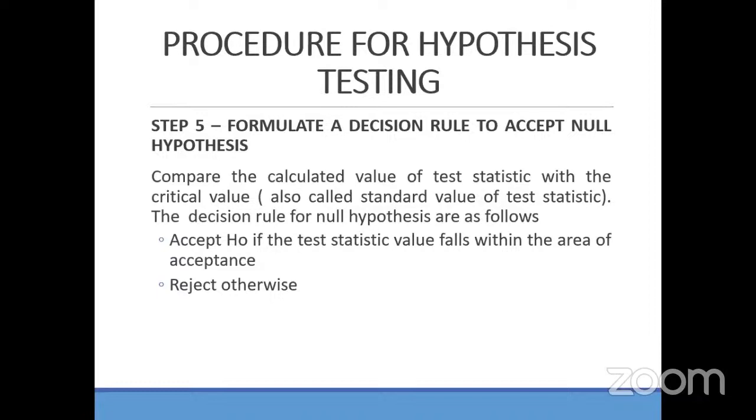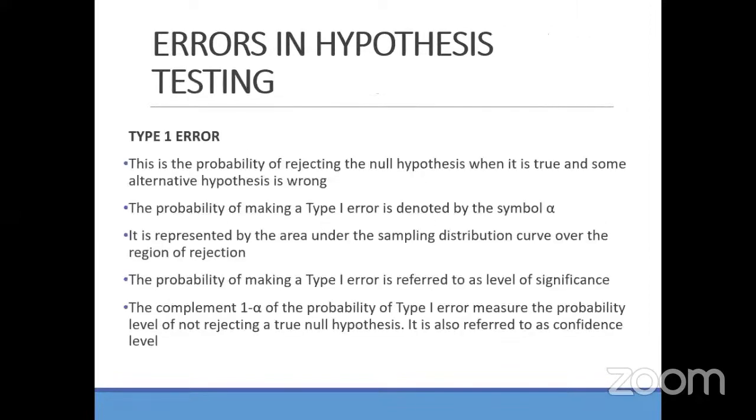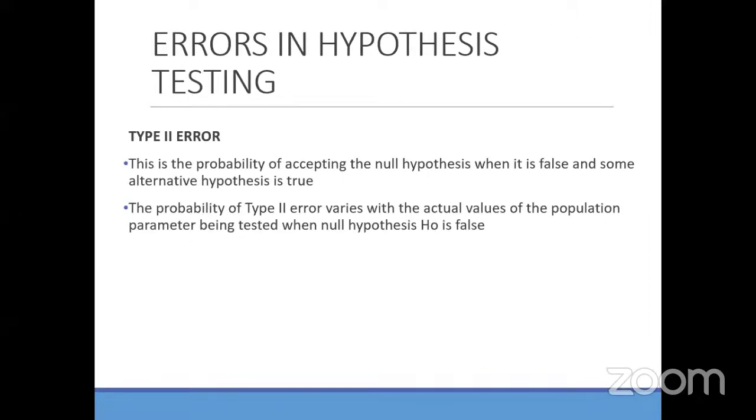The p-value approach says that if the p-value is less than alpha, the significance value, we reject the null hypothesis. If p is more than alpha, we do not reject the null hypothesis. Now, these are the thumb rules, but to understand what exactly the p-value is, I'll discuss this part again.